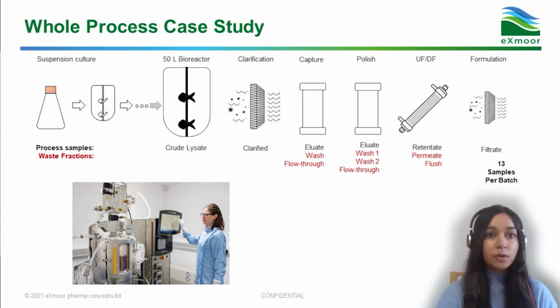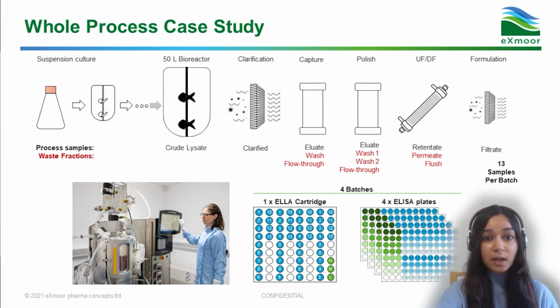And the example I'll use is, for example, you want to look at the difference between 4 different constructs, and you want to look at this difference across the entire workflow. So if you were to do this, you would typically generate 13 samples per batch and multiply that by 4 for each batch. So this means you'll have a large number of analytical samples.